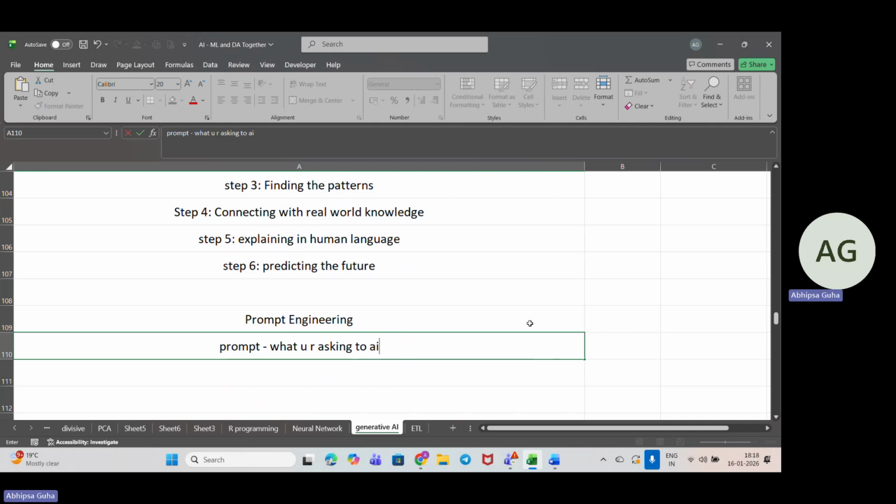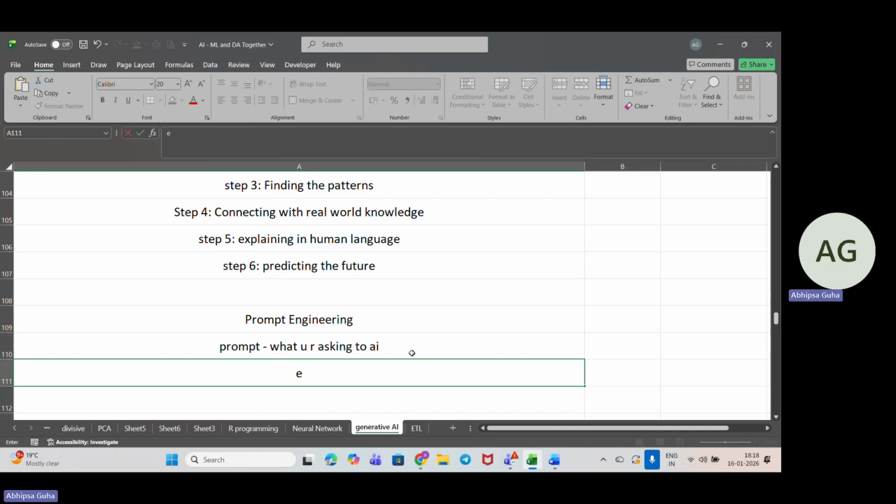Engineering means asking in a smarter and correct way. So prompt engineering is asking AI the right question in the right way to get the best answer.